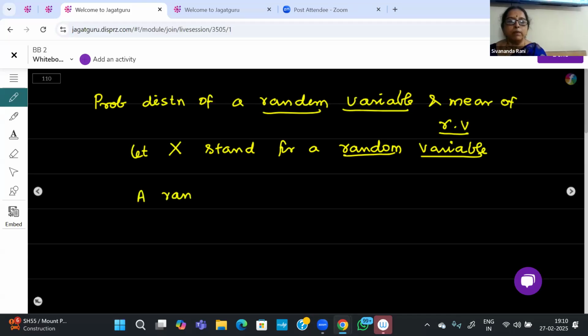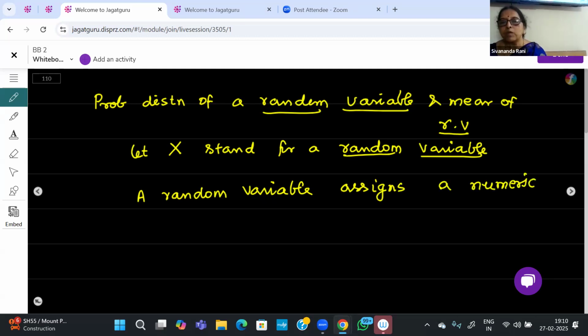Your random variable does something very important. What it does is that a random variable assigns a numerical value to the events of the sample space.